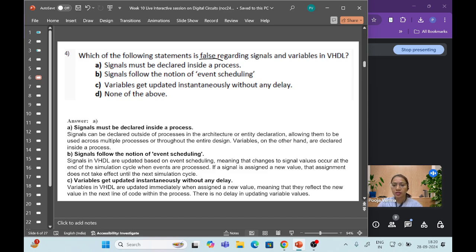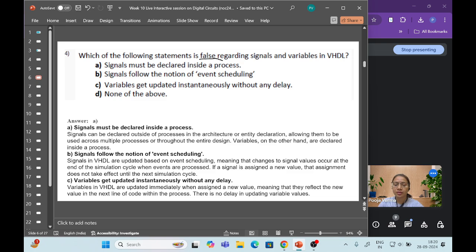So, signals must be declared inside a process. It is not compulsory that signals be declared inside the process. Signals can be declared outside the process, in the architecture or entity declaration, allowing them to be used across multiple processes throughout the entire design.